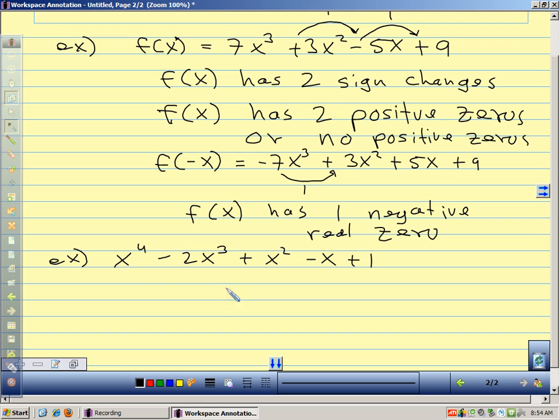So this is my function. We're going to look at the number of sign changes. I have 1 there, 1 there, 1 there, and 1 there. So this has 4 sign changes.